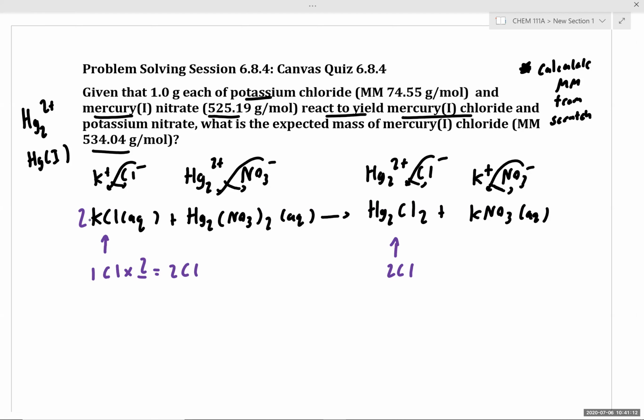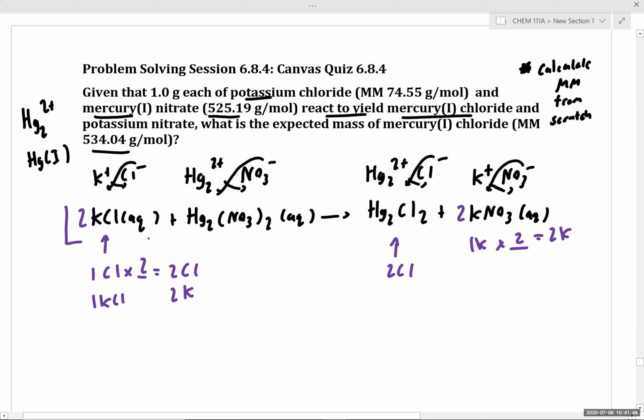Now, we also have 1 potassium times 2, which gives us 2 potassium ions. If we have 1 potassium ion on the right, 1 times what would give us 2 potassium ions? What coefficient do we need for potassium nitrate? 2, yep, perfect.